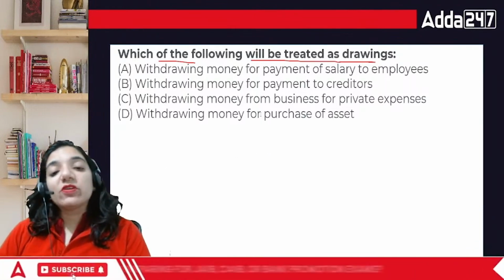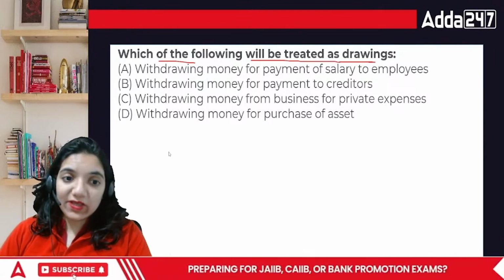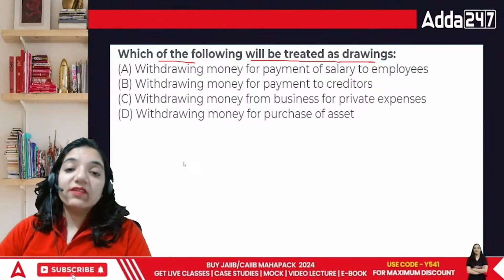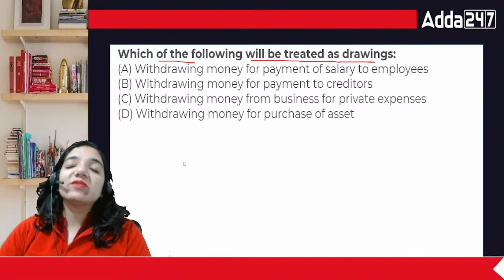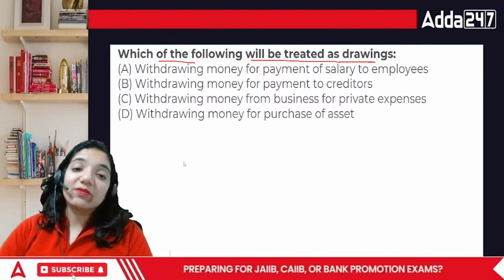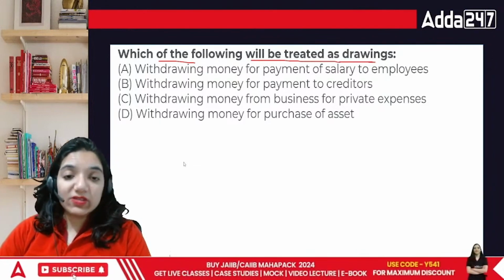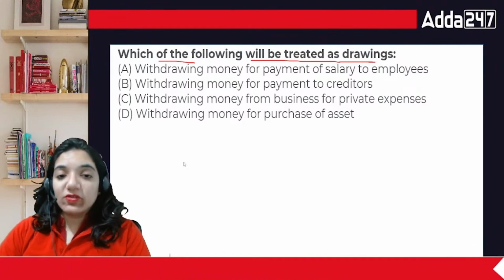And this particular concept arises because of the business entity concept. Business entity concept says that the business and the businessman are not the same. Okay, they are two different organizations.